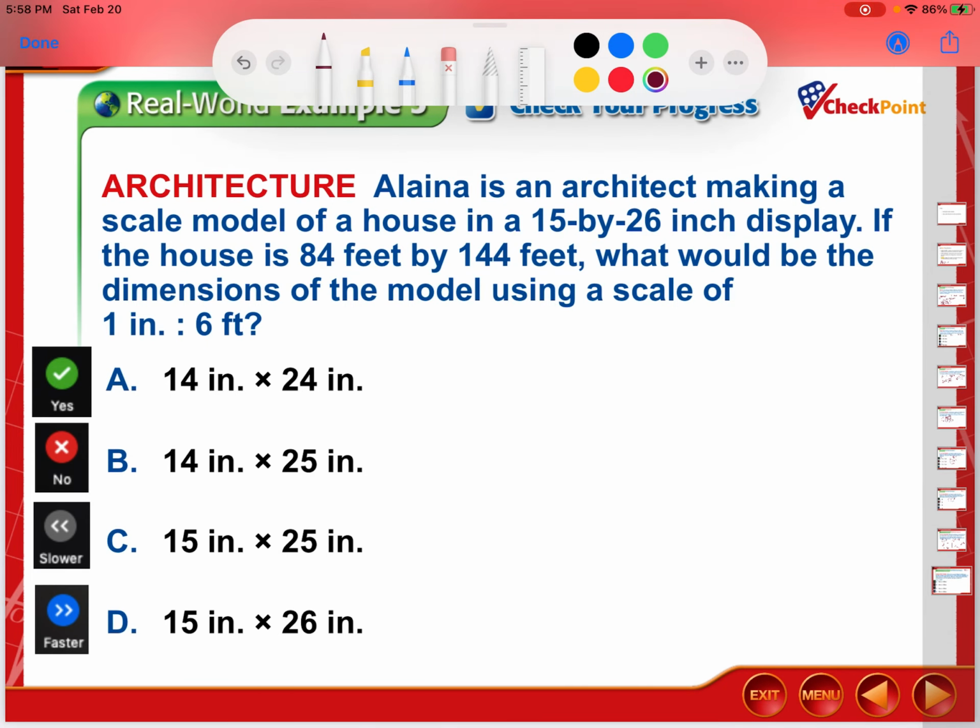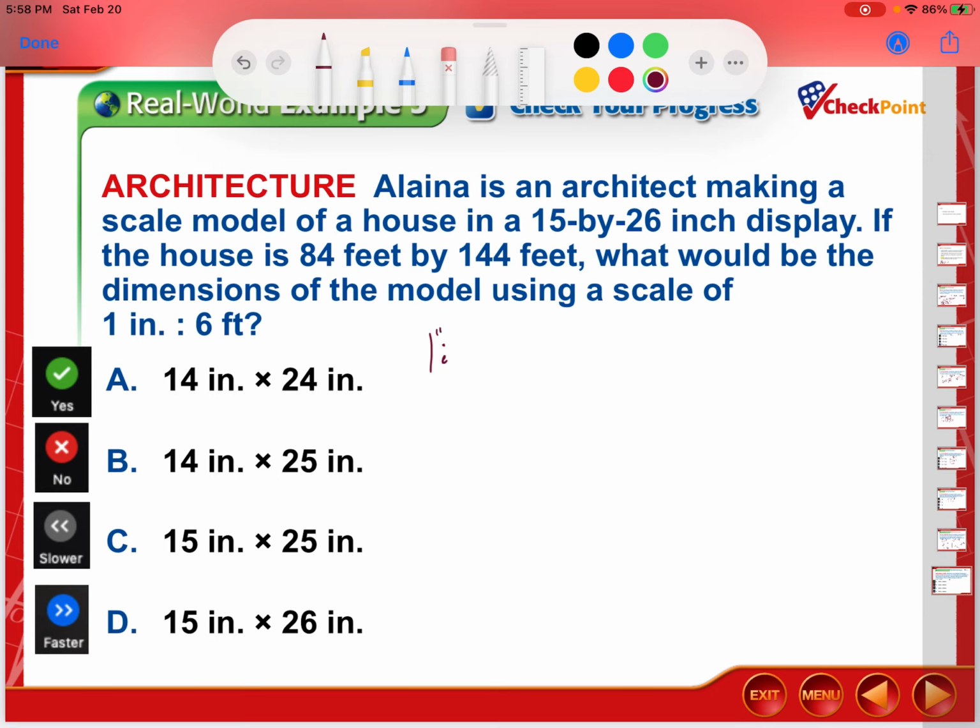So Elena is an architect making a scale model of a house in a 15 by 26 inch display. If the house is 84 feet by 144 feet, what would be the dimensions of the model using a scale of 1 inch is 6 feet?